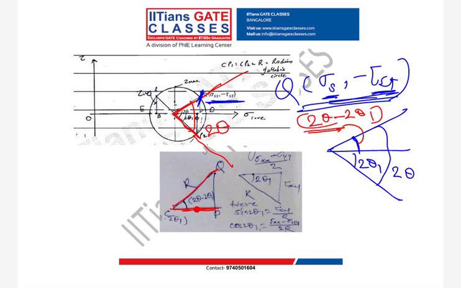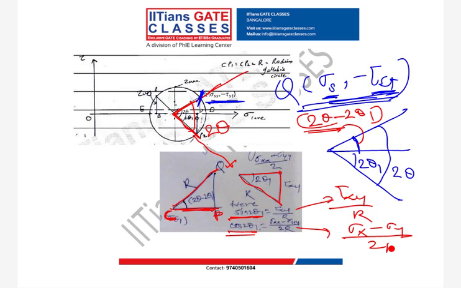This point is some point P. This is Q, and this is C. Now this is another triangle which we already know previously, with 2 theta 1. So I can write here sine 2 theta 1 and cos 2 theta 1. Sine 2 theta 1 is tau xy by r, and cos 2 theta 1 is sigma x minus sigma y by 2r.